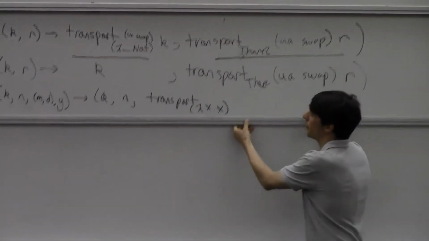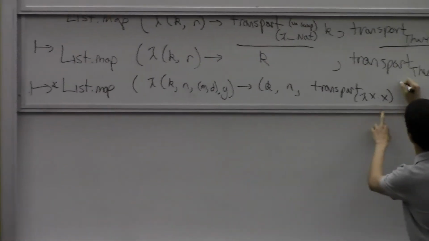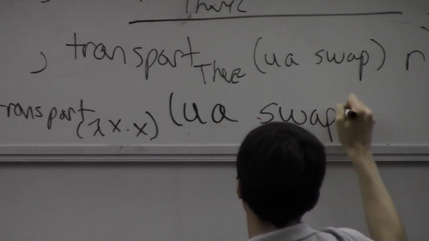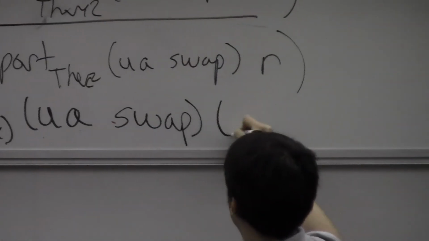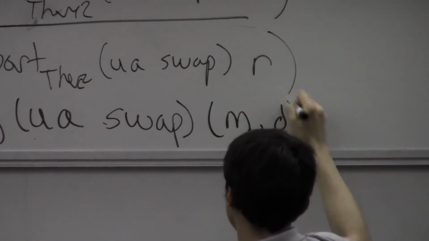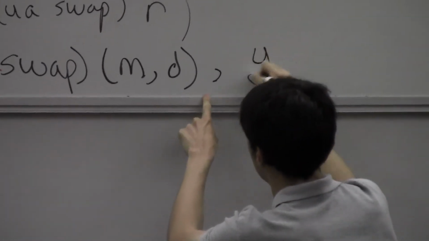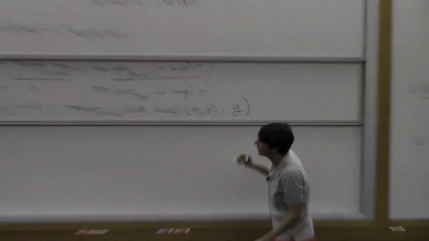Here, let me push it up. UA swap on month, comma, day, comma, year. Close, close.